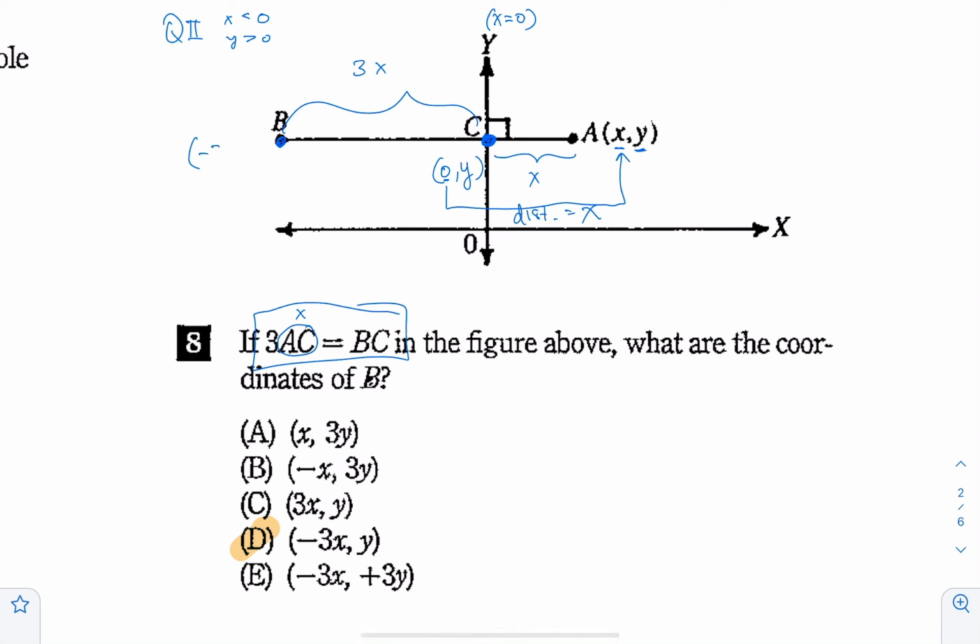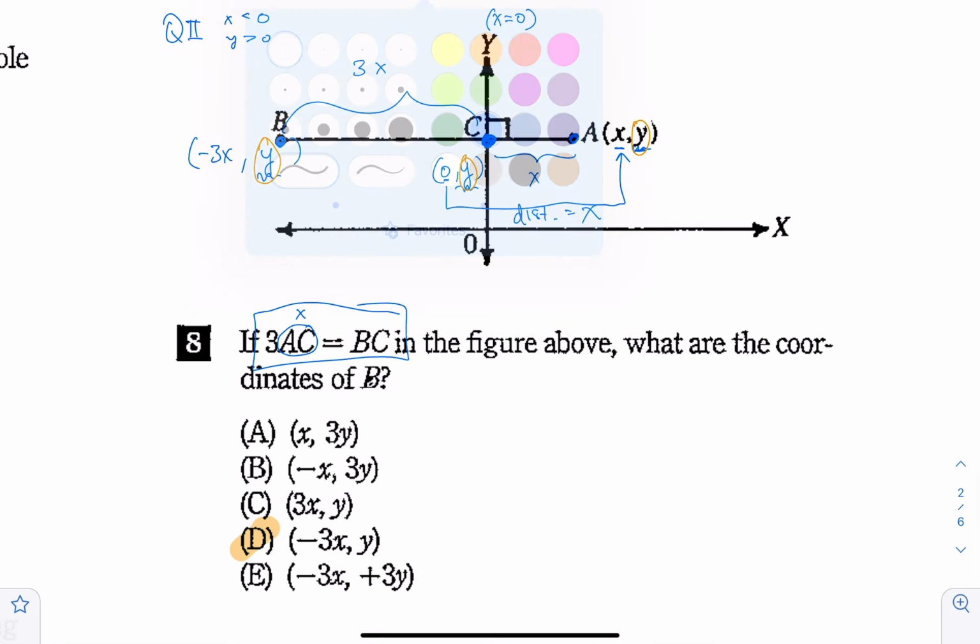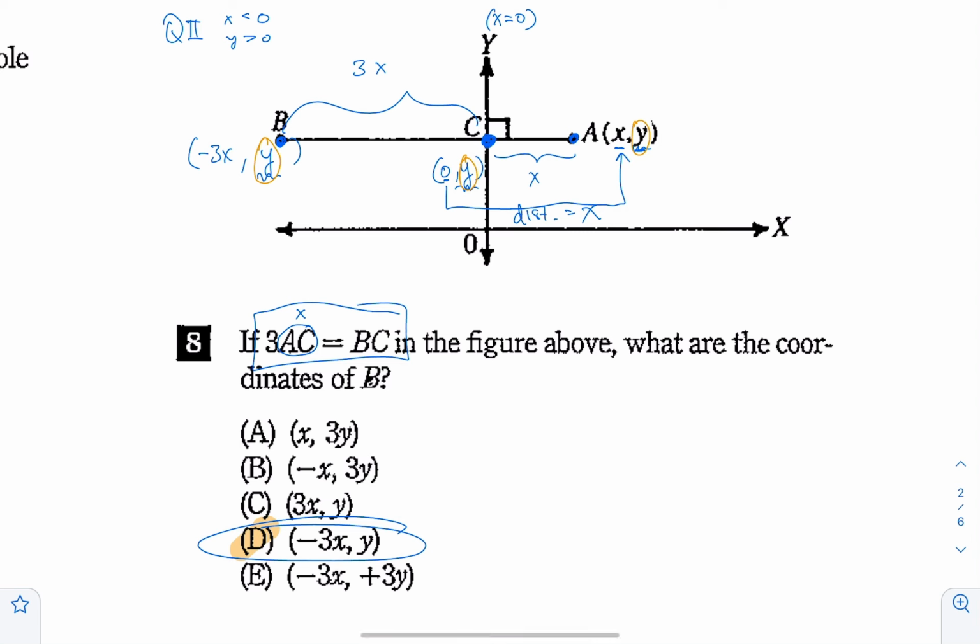So the x will be negative 3x, and the y will actually be the same, because they're all on the same horizontal line, which has the same y values. So all the y values are the same, but the x values are going to be different, and that would be choice D. Point B will have an x value that is negative 3 times bigger than x.